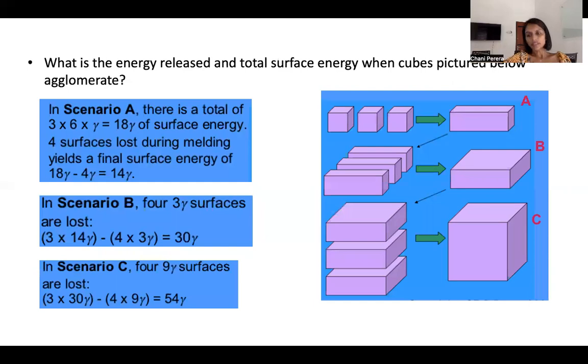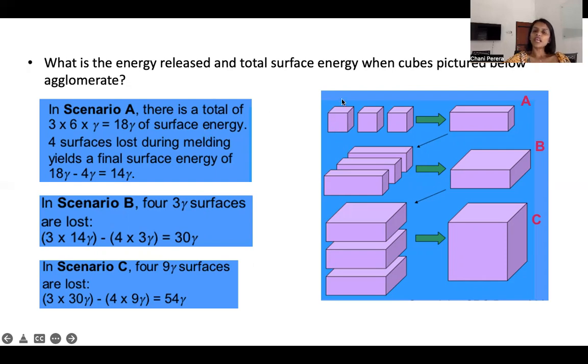So to get a better idea about the concept I talked about, we'll do a small exercise that is broken up into 3 scenarios. In scenario A, you are given 3 cubes, and one surface has a surface free energy of gamma.